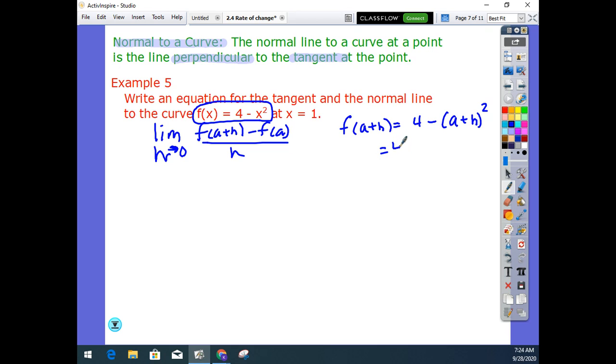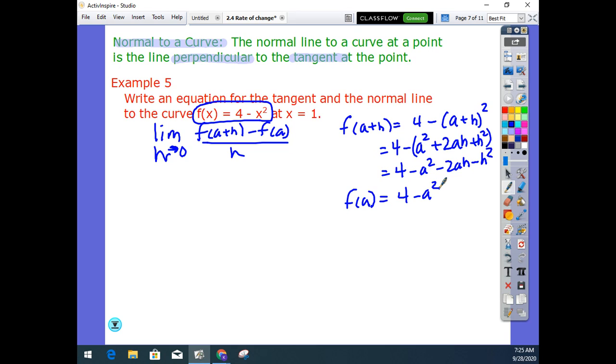And I'm going to go ahead and simplify. So this would be a squared plus 2ah plus h squared. Then we're going to distribute. And then we need f of a, which is 4 minus a squared.